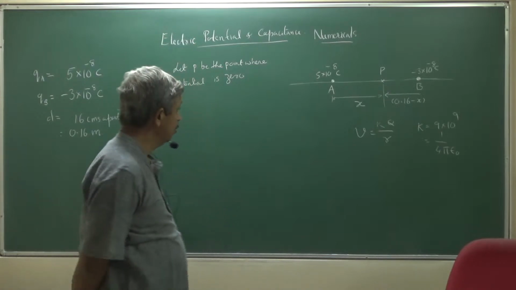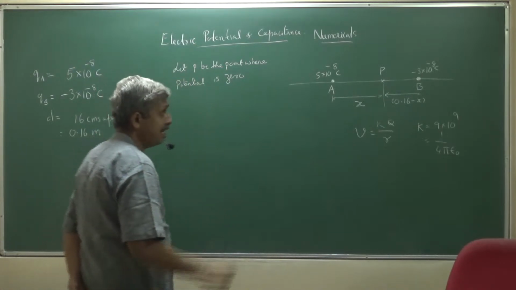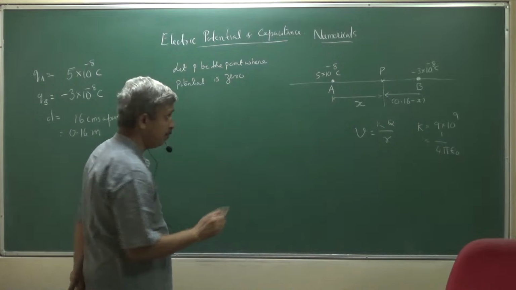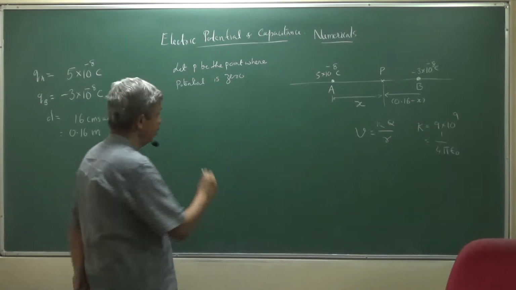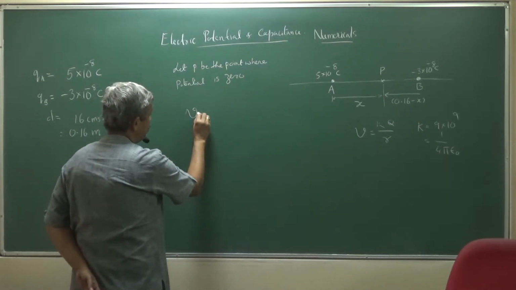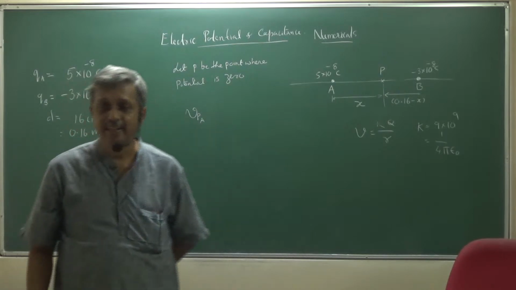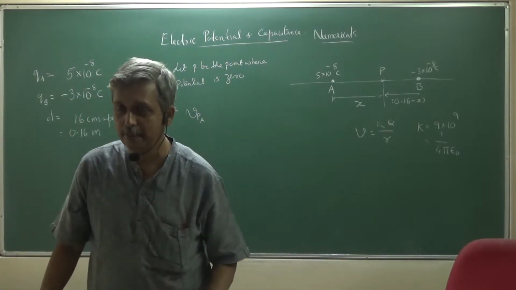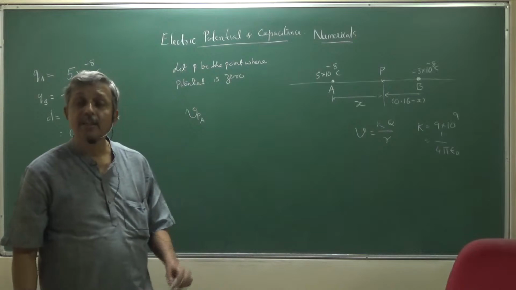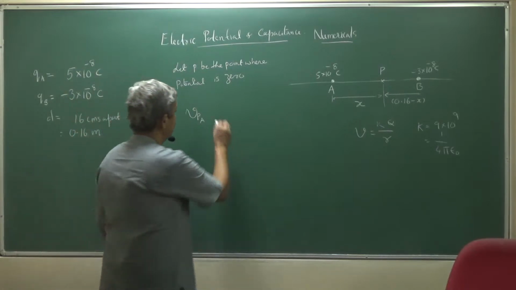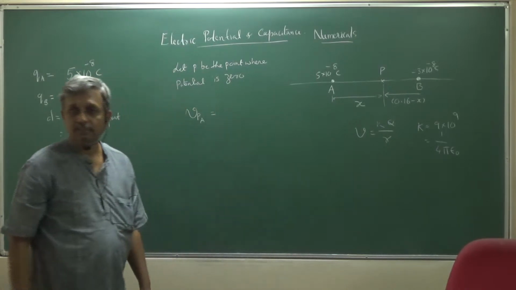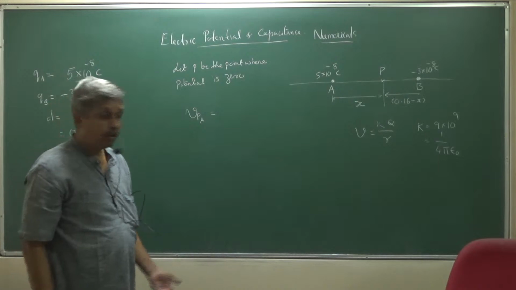Now we will write here. Look at what we are going to write. Potential at point P due to A, VPA. That's my symbol. The potential at point P due to A we want to calculate. What would that be?